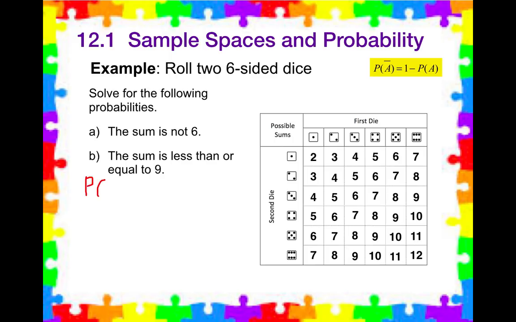Well, if we look here, the probability of getting 6 is in this area right here. So it's 1, 2, 3, 4, 5 out of all of these, which is 36.